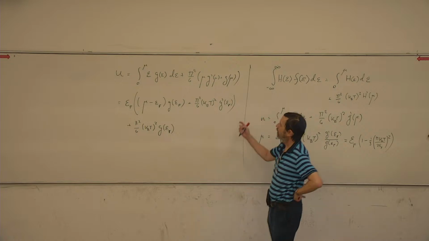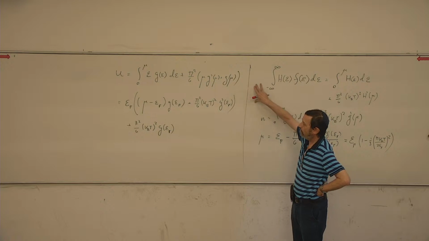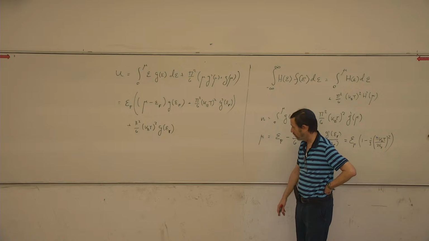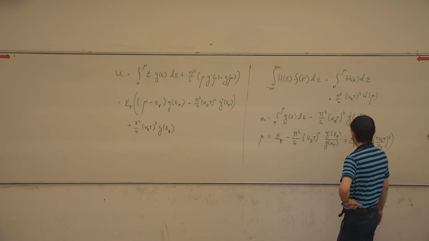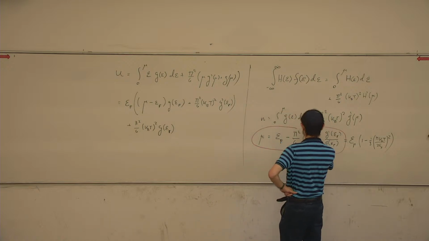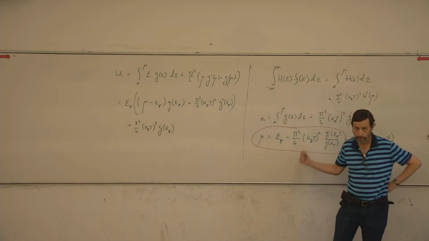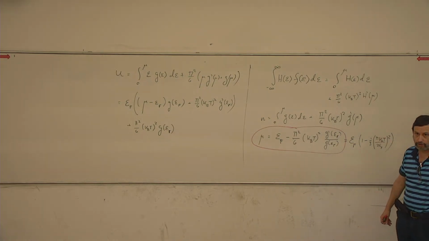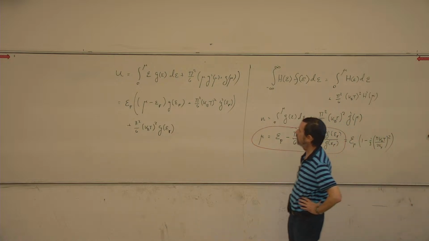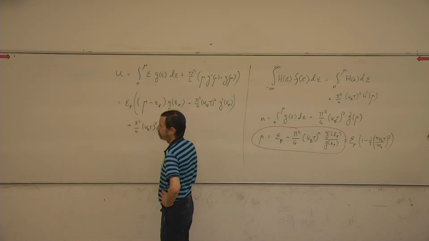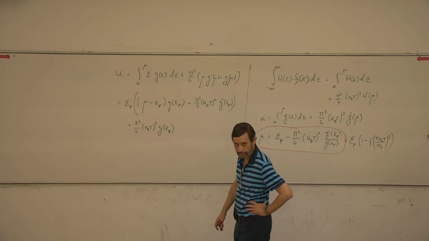We have here several points where mu appears, right? We use this relation and stick it into this calculation. Okay?